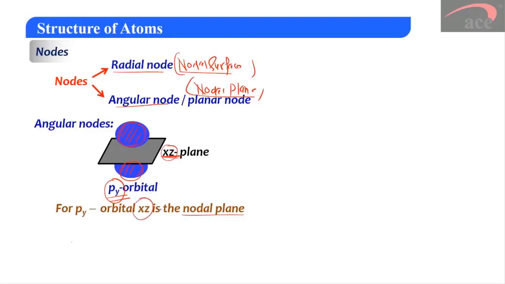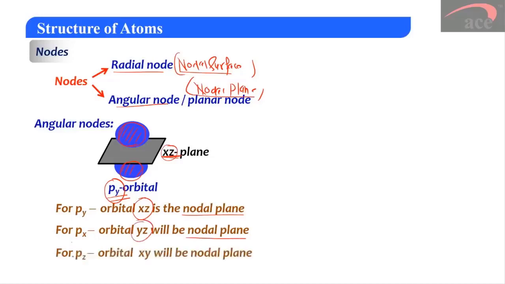Now we know that the p subshell consists of 3 orbitals. For px, the nodal plane is present in yz. And if it is the pz orbital, then the nodal plane is present in xy. So what is the trick to find out? If the nodal plane is given as xz, then the axis not mentioned, y, is where the electron density is, and that is the orbital.